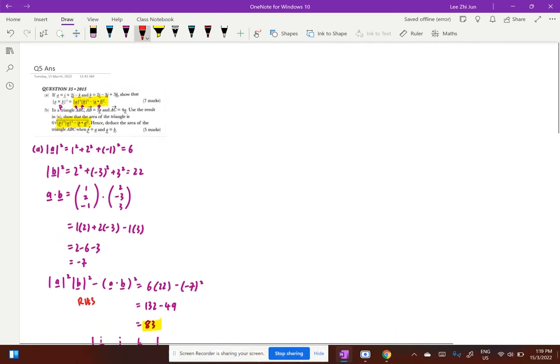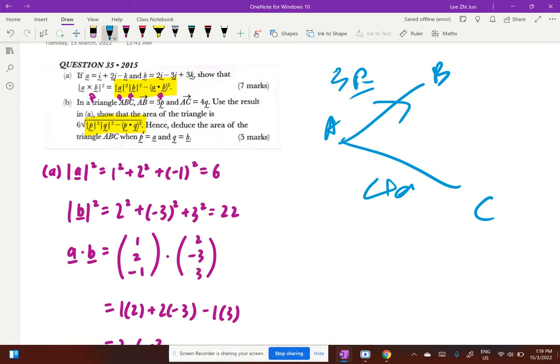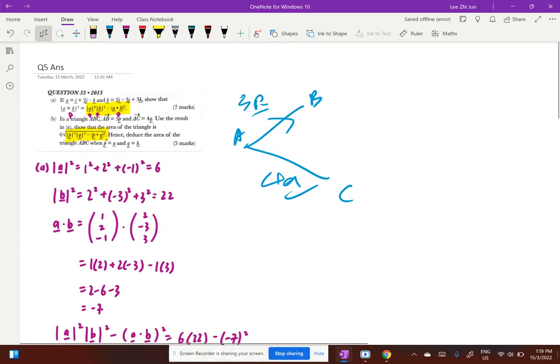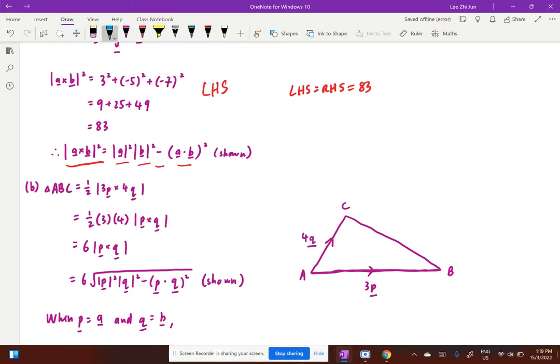Okay, so B in a triangle, it gives you the AB and AC. Use the result in A to show that the area of the triangle is this when P equals A, Q equals B. So I just sub A as P and B as Q. So we know that the area of a triangle formula will be half the cross product.